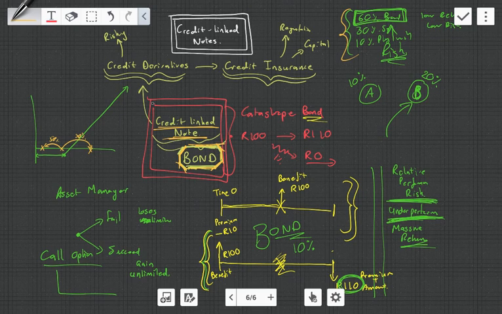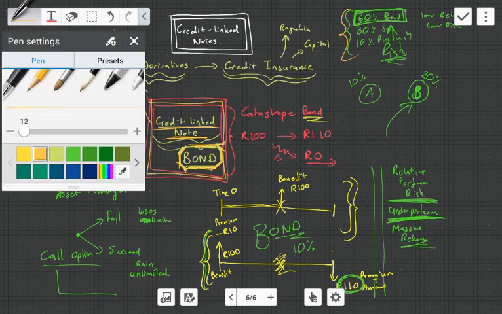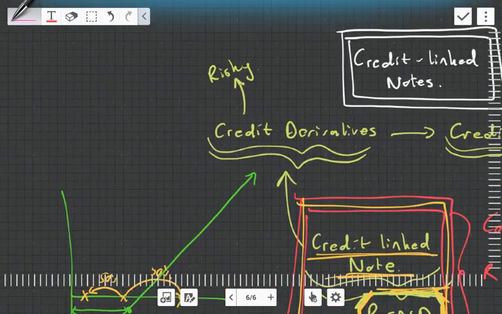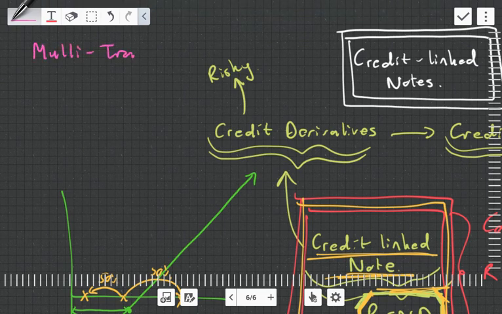Also, these credit-linked notes are terribly complicated, especially when you start looking at the fact that they can start setting up things known as multi-tranches. So, multi-tranche.